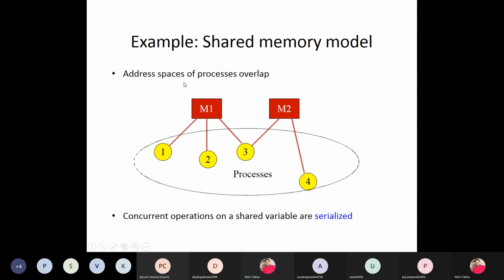So the address spaces of the processes overlap. You can see that node number 3 shares both M1 and M2, so the address space of M1 and of M2 is shared with process number 3.